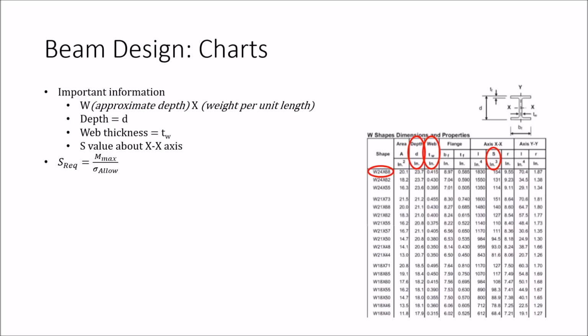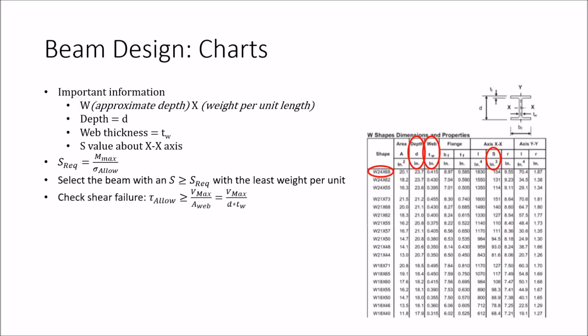After selecting these beams, we should choose the cheapest one, which means the least weight per unit. Then we should double check to make sure that our beam can withstand the shear stress, so we should check the allowable shear stress against the maximum shear force over the area of the web, which is the depth multiplied by the thickness. Then if anything failed, we need to reevaluate.